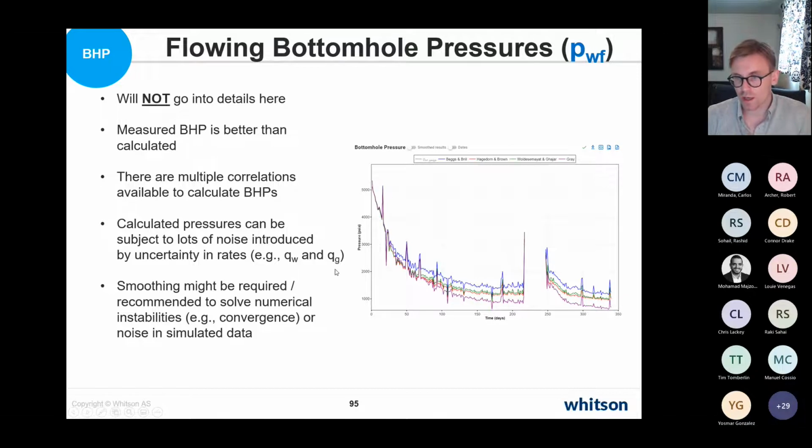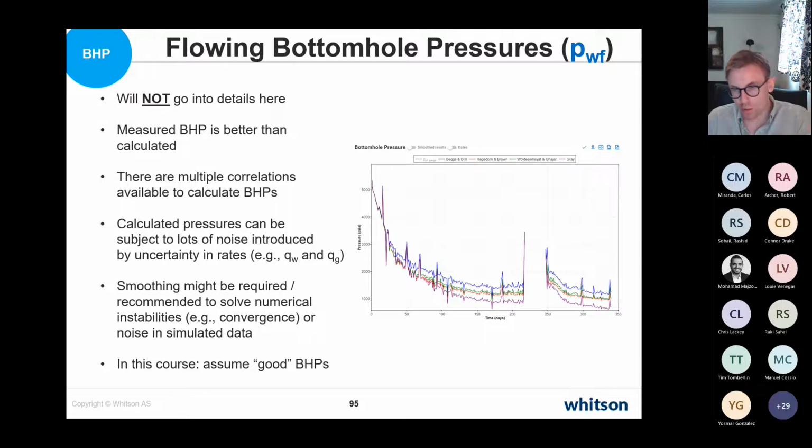The reason for that is just that it will struggle to converge, at least with complicated fluid systems and whatnot. First, we'll assume that the BHPs that we use are good, but we'll allow you to have some flexibility to then pick whatever correlation you like to use in the workflows that we'll walk through.